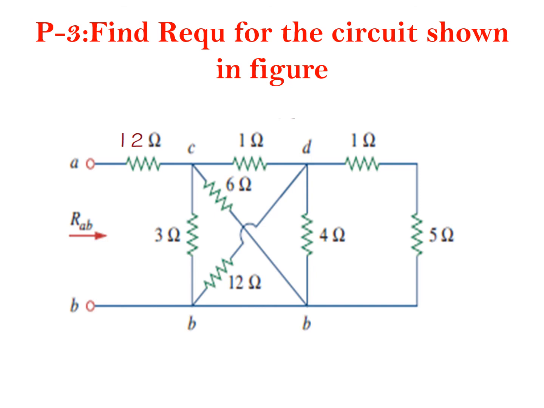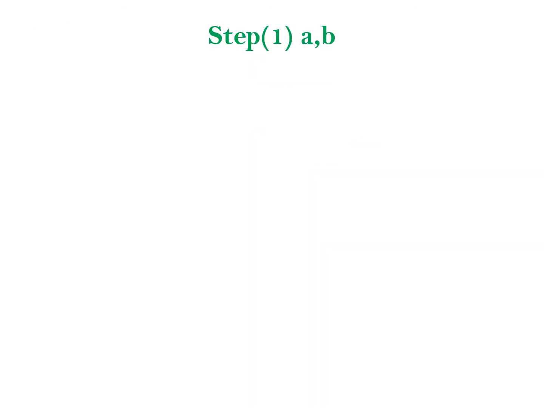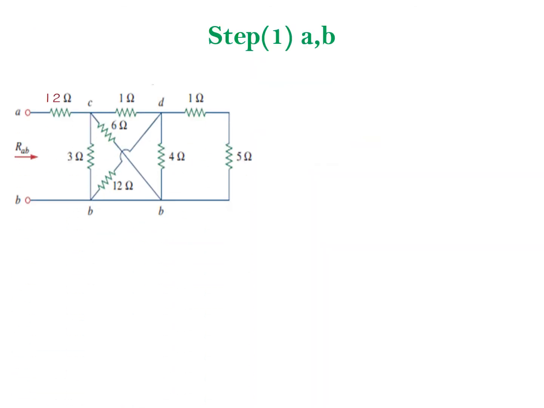Next, we are going to see problem 3. Find R equivalent for the circuit shown in figure. See, in the circuit, two sections are there. Step number 1.